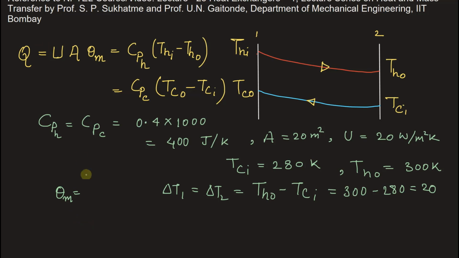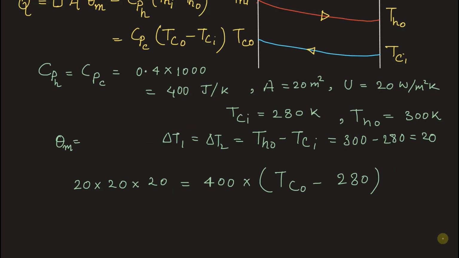We can write U is 20, area is also 20, theta m that we have got is again 20, is equal to Cph, which is equal to Cpc, that is 400, multiplied by the temperature of cold fluid at the exit minus the temperature of cold fluid at the entry, that is 280.